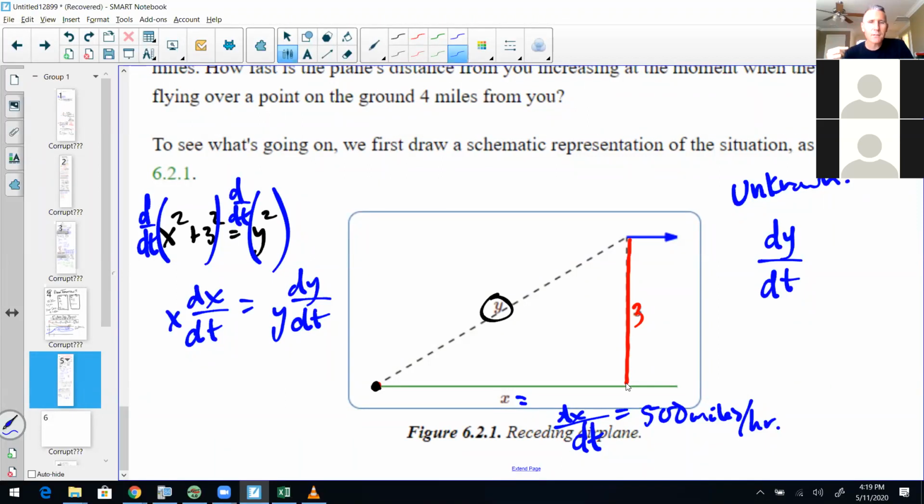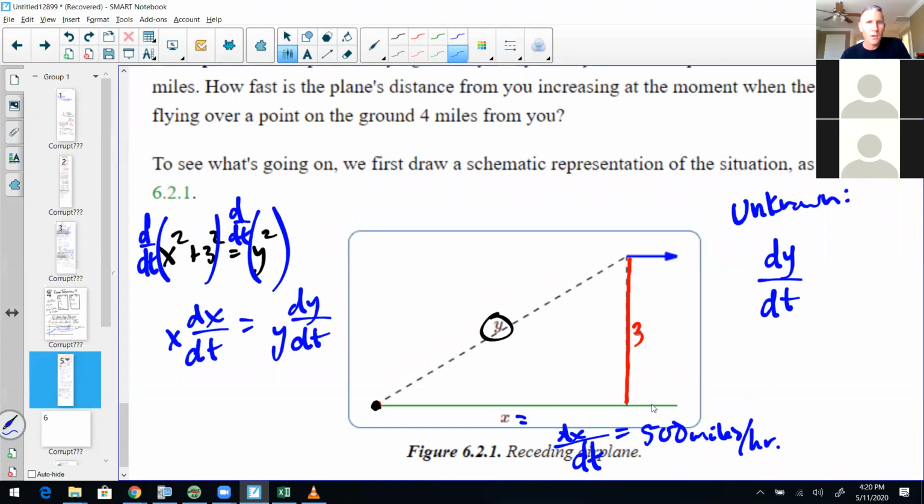Go through that every single time you're doing one of these implicit differentiation or related rates problems to verify that that rate is positive. If that plane happened to be flying the other way, then x would be decreasing and dx/dt would be negative. But in this case, it says a plane is flying away from us, so therefore dx/dt is going to be positive. Okay?